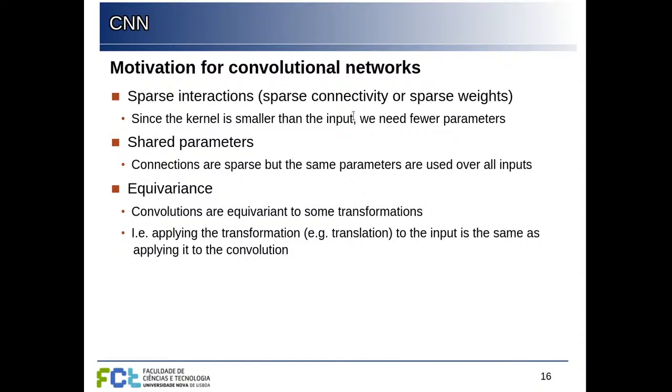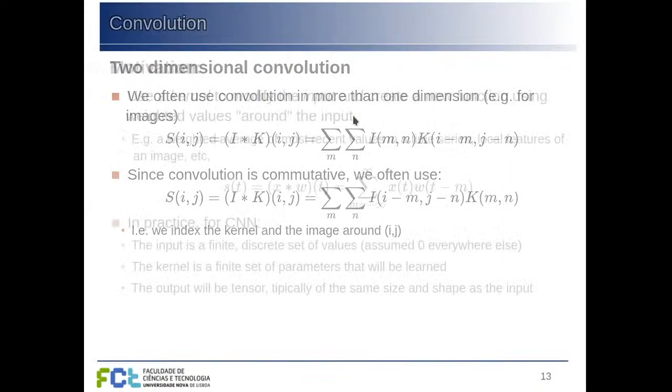This gives the convolutional layer this property of equivariance to some transformations. This means that a transformation in the input to the convolution layer will result in the same transformation on the output of the convolution layer. We can imagine this easily here.